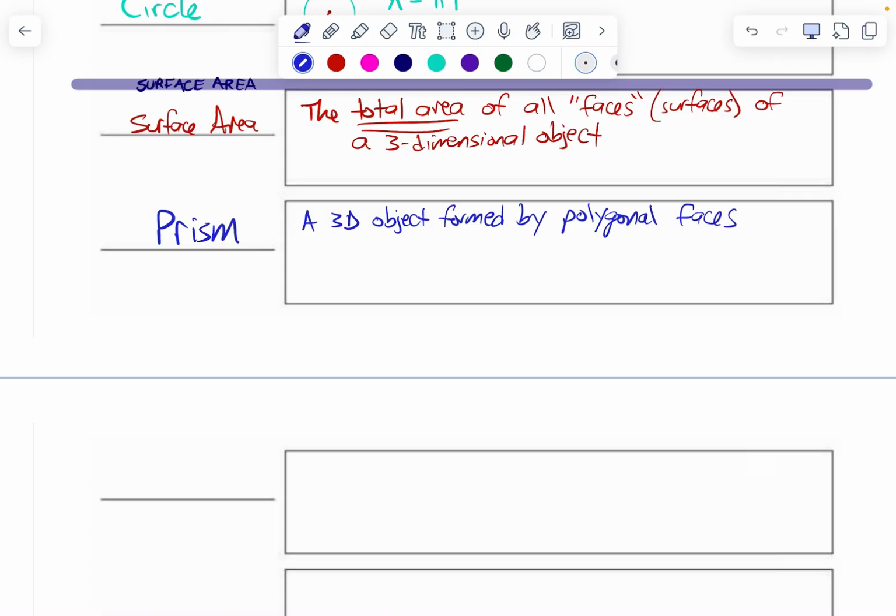So we could have a triangular prism, a rectangular prism. Maybe we have a pentagonal prism. And it's named for the base polygon. Now, does base mean it has to sit on the ground or on the bottom? Not necessarily, okay? So let's define base.